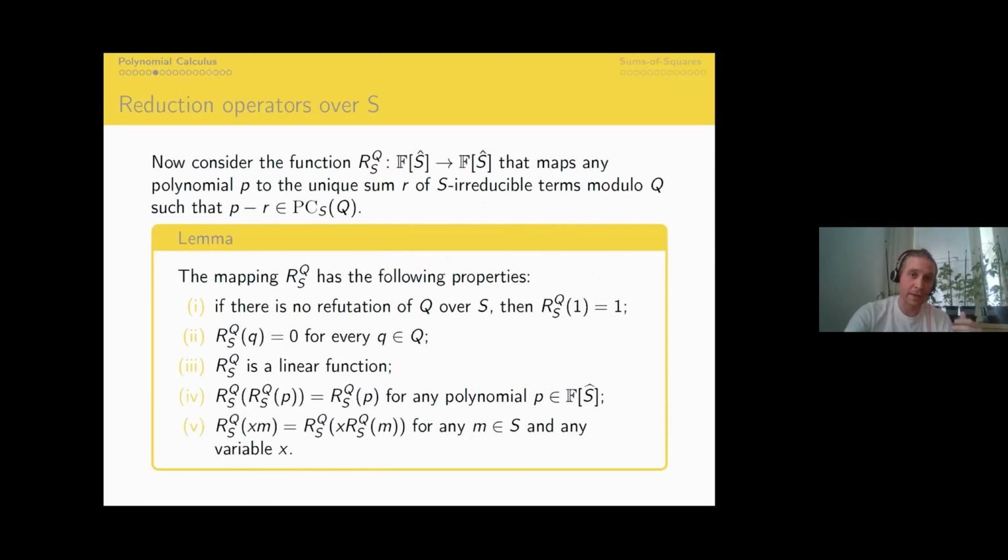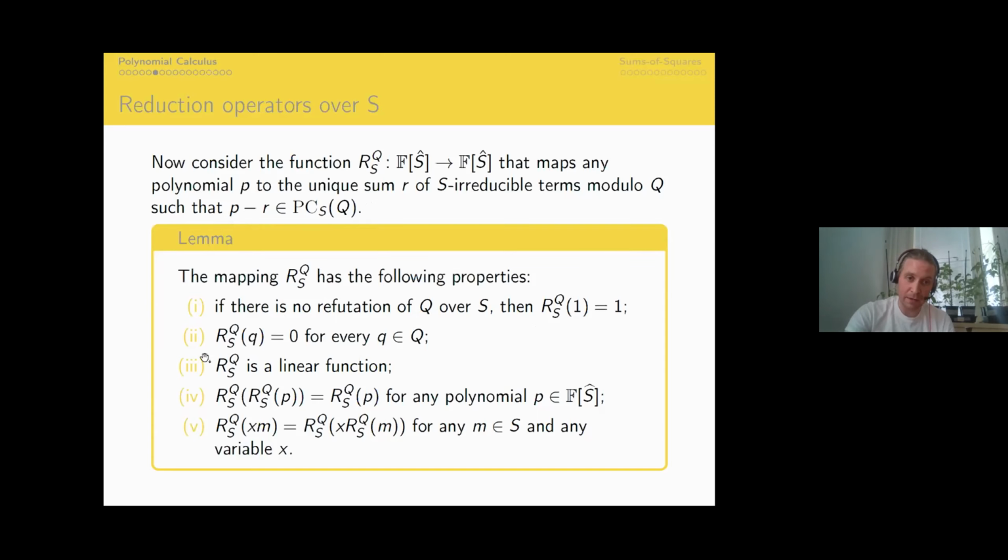Now if we look at this function that maps any polynomial to this unique sum of irreducible terms that appears in the decomposition, this mapping has these properties: if there is no refutation, then it maps 1 to 1.